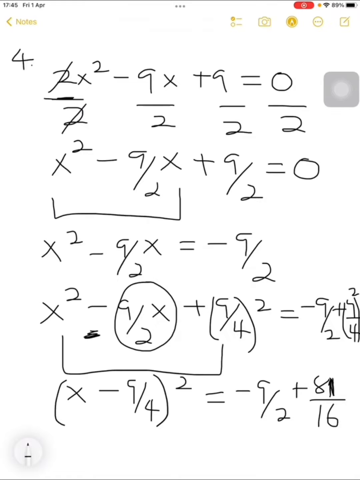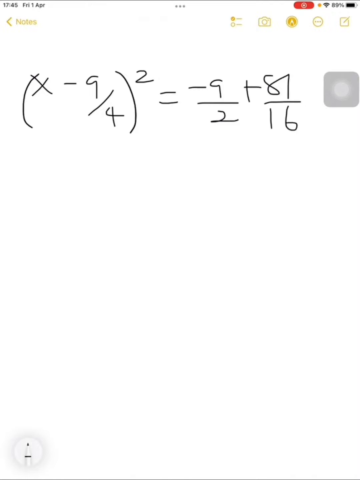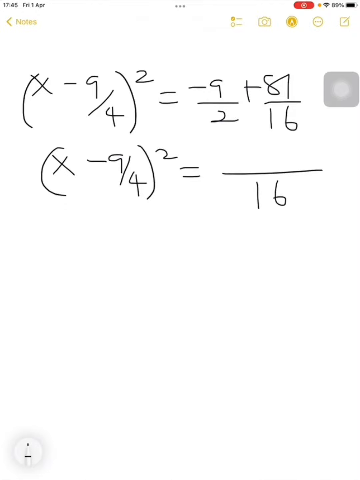Okay, next we have (x − 9/4)² = −9/2 + 81/16. This is the same as (x − 9/4)² equals, the LCM is 16, divided by 2, it's 8, multiplied by minus 9, it's negative 72, then plus 81.